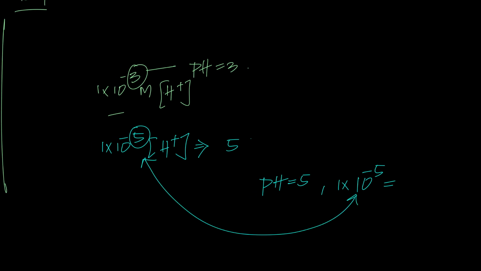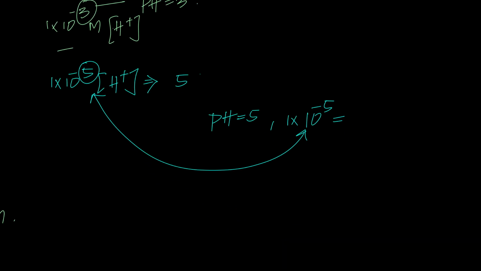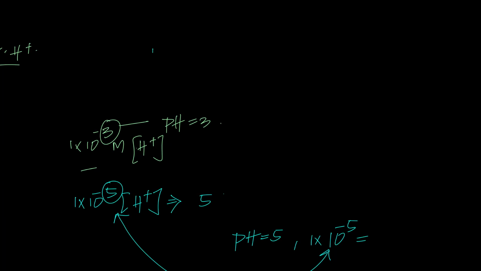You could calculate the pH from the concentration of hydrogen ions by writing it in its standard state. Or you could also calculate the concentration of hydrogen ions from its pH. That's how basic and easy it is. Now those who get confused in these things, just use the formula for it. Although this formula is not a part of your course, it's negative log of hydrogen ions.